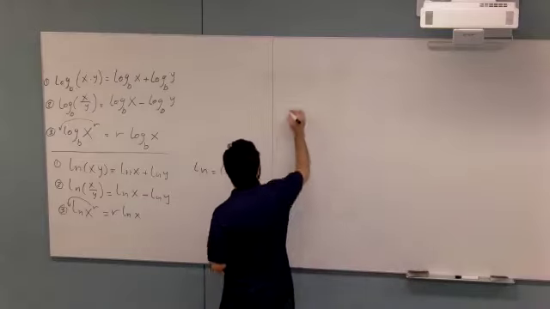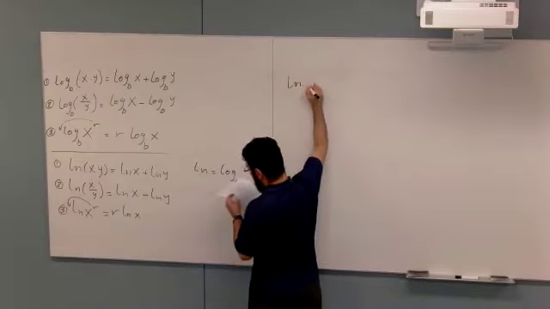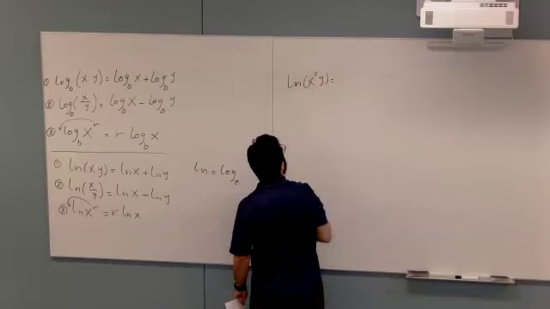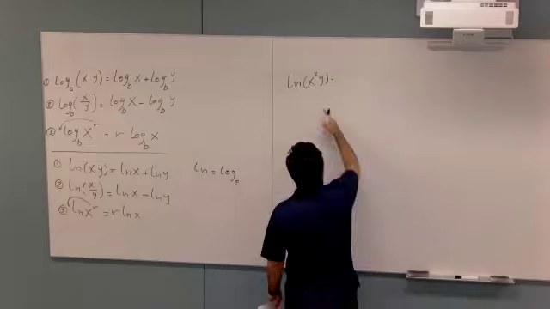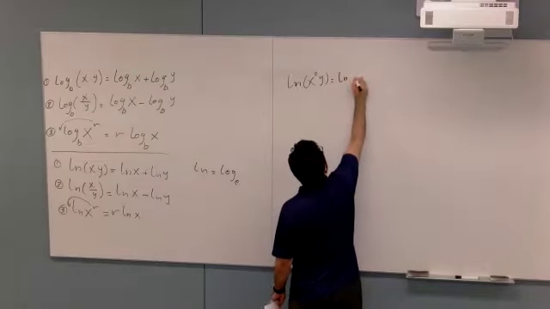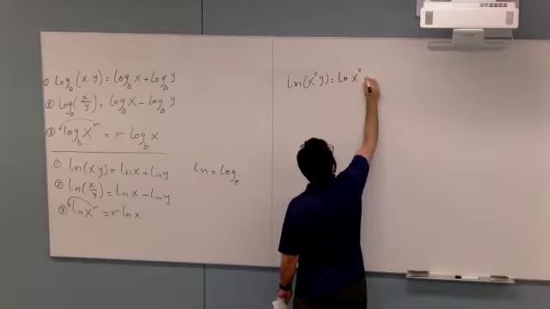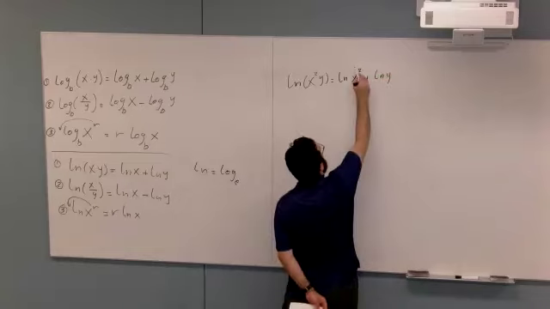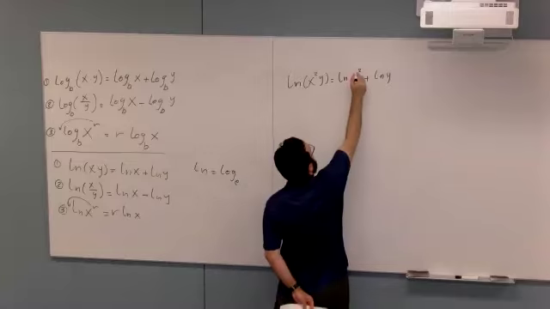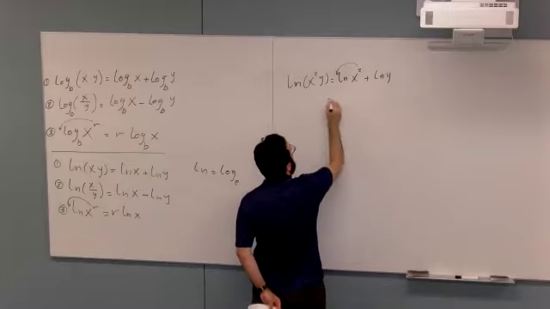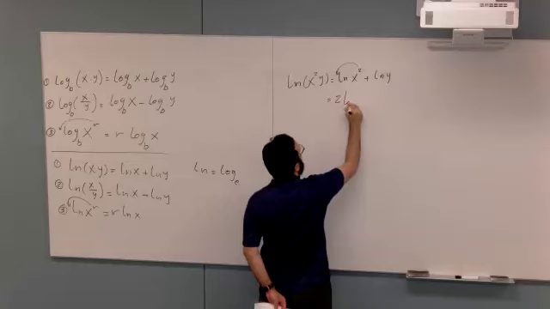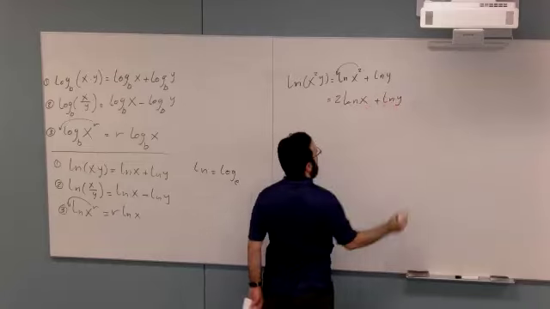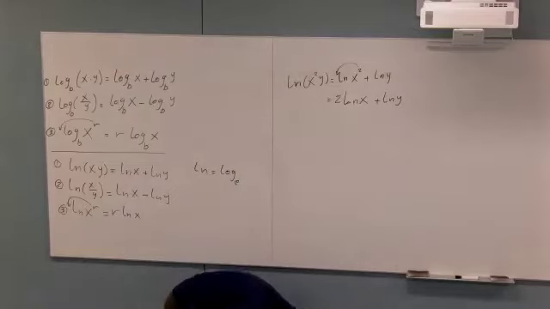They're telling you to expand ln of x squared y. Multiplication, so it's going to be ln of x squared plus ln y. Then I'm going to take the power here, so it's going to be 2 ln x plus ln y. Is that hard?